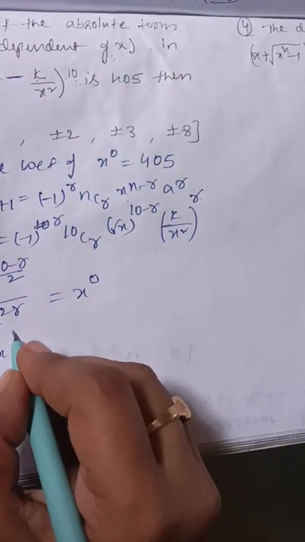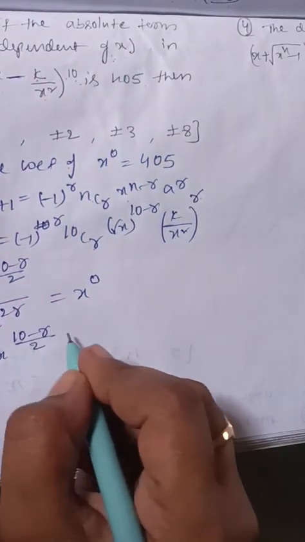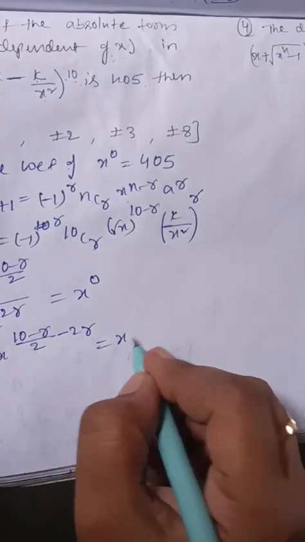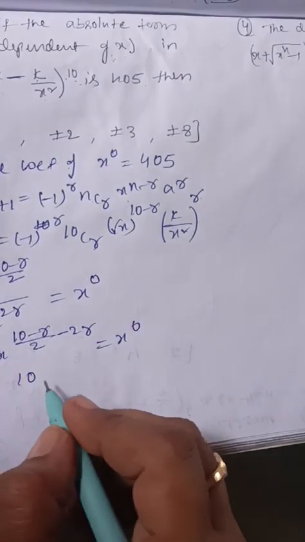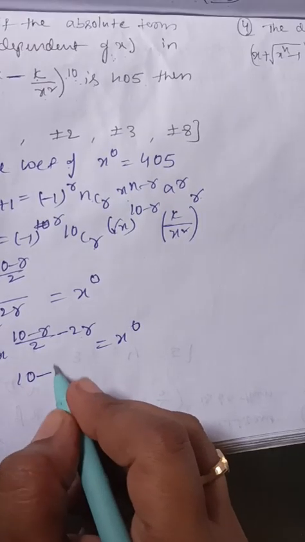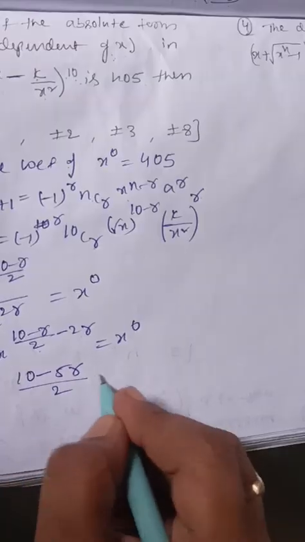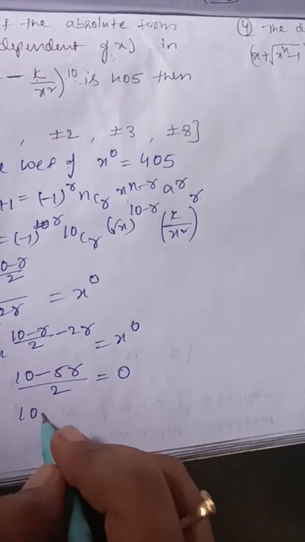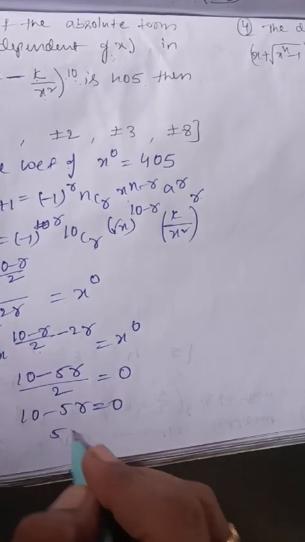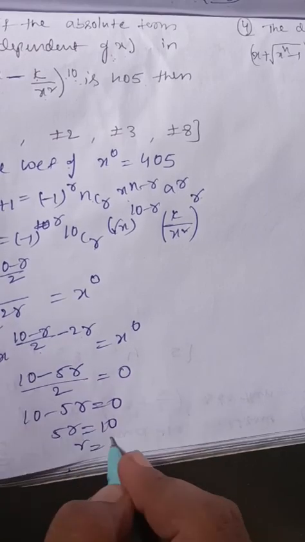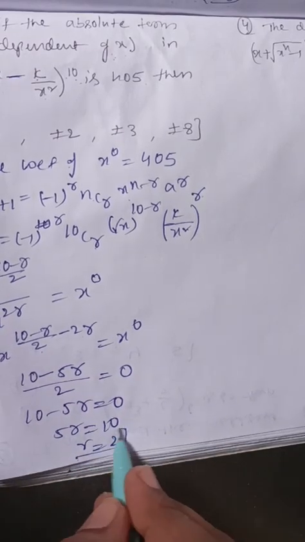So x^((10−r)/2 − 2r) equal to x power 0. So taking LCM, (10 − r − 4r), and denominator is 2, equal to 0. So 10 minus 5r is 0 and 5r is 10, r equal to 2. R is 2.